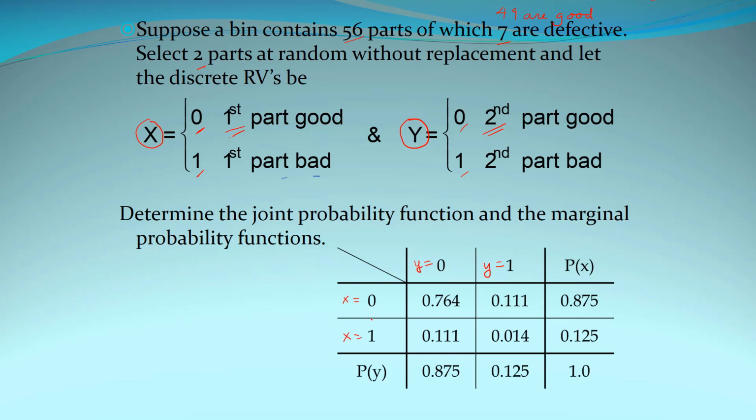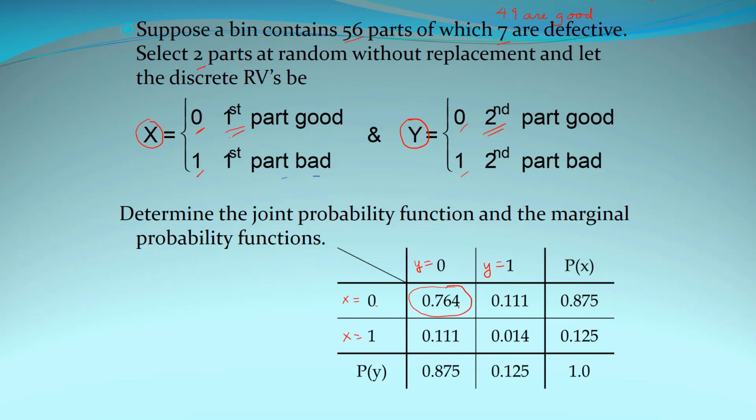So one way that we can select parts is to say the first part is a good part, 0, and the second part is a good part, that's a 0. So the probability of that happening is 0.764.